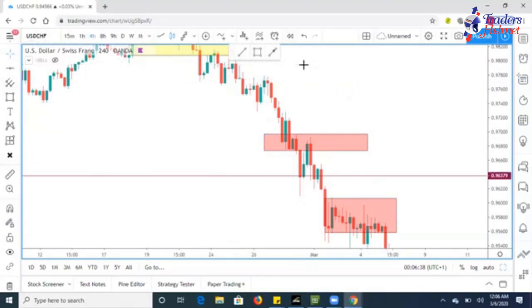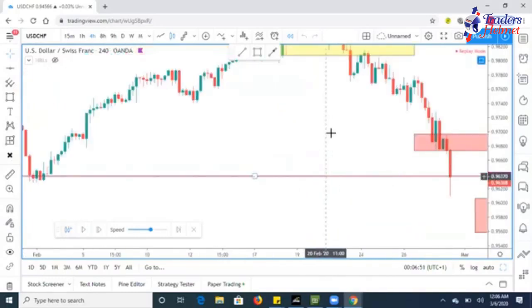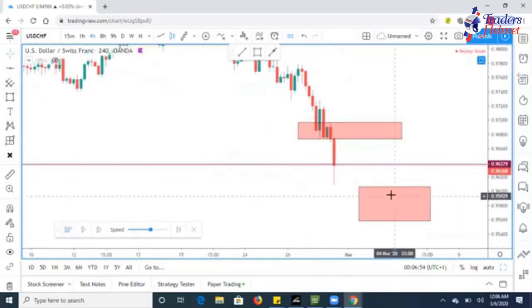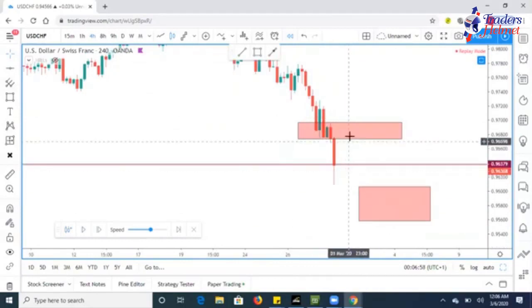So let's do something. Take this out of the way. Say we don't know what has happened so far, and we saw this push down, we'll be waiting for price to retest this order block and we now look for opportunities to sell off the 15 minutes.